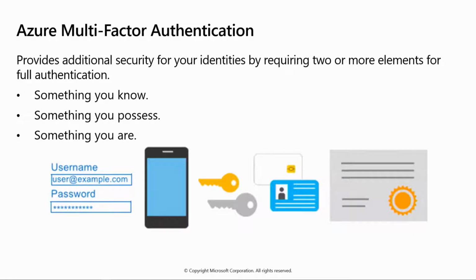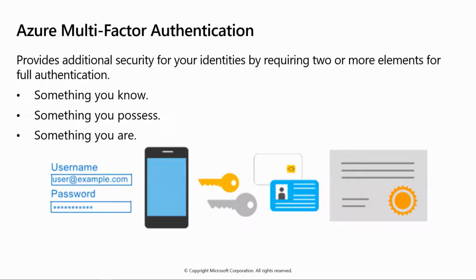Now, multi-factor authentication is just another layer of security that is available for basically protecting your Azure environment or any type of environment. So essentially, it determines your identity by requiring 2 or more elements for full authentication. There's 3 things that you can ask for.